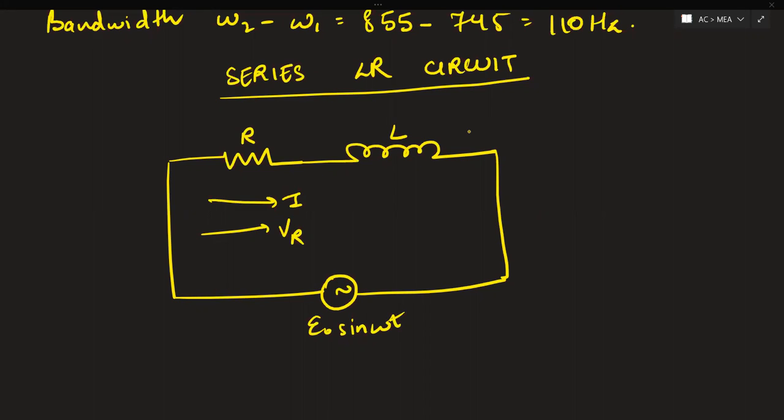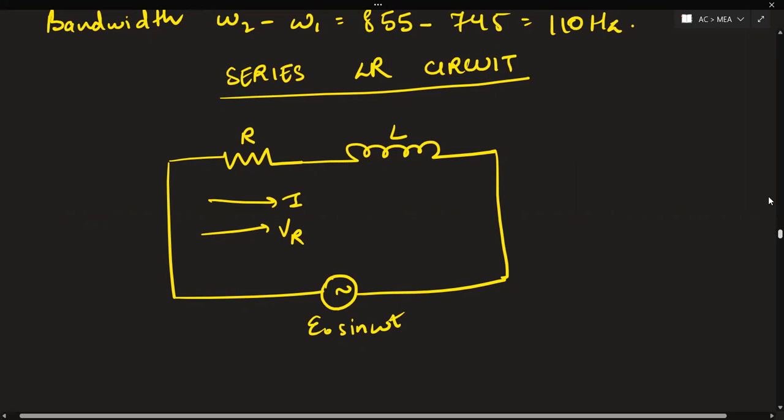You people are still not aware of which quantity is leading the other rotating vector and by which amount. I have told you so many times that in case of a resistor, both current and voltage are in the same phase. No phase difference is there. In a circuit containing only an inductor, voltage leads current by pi by 2. And in a circuit having only a capacitor, current leads voltage by pi by 2.